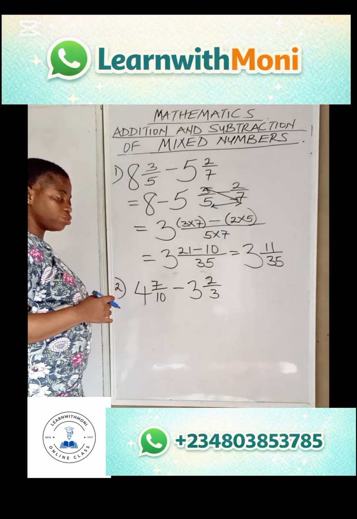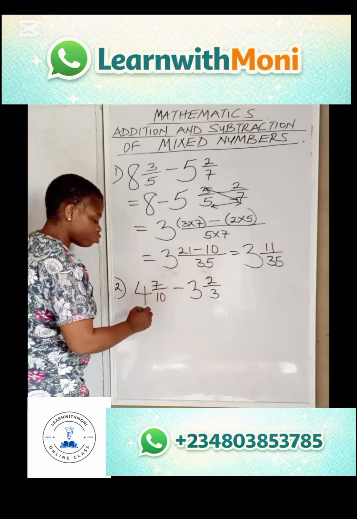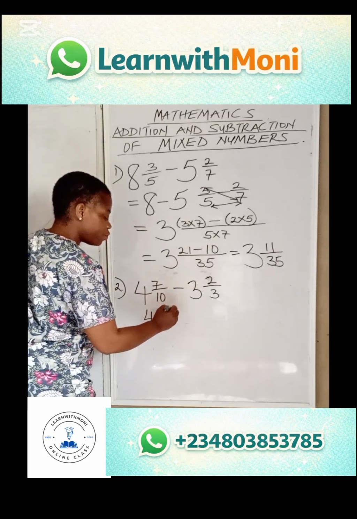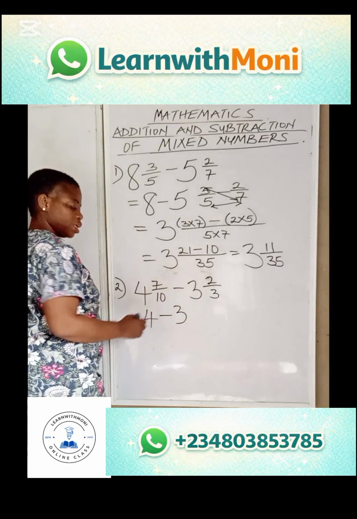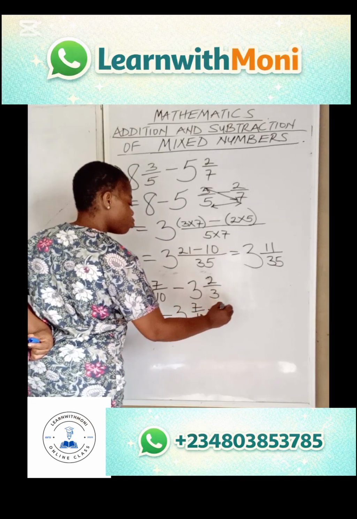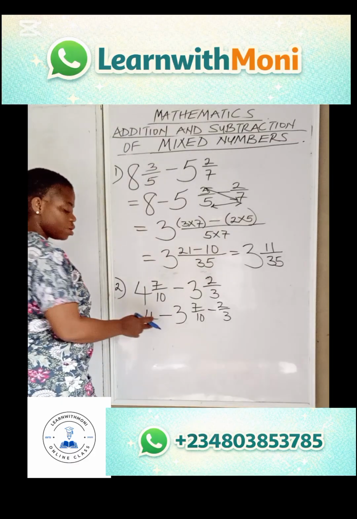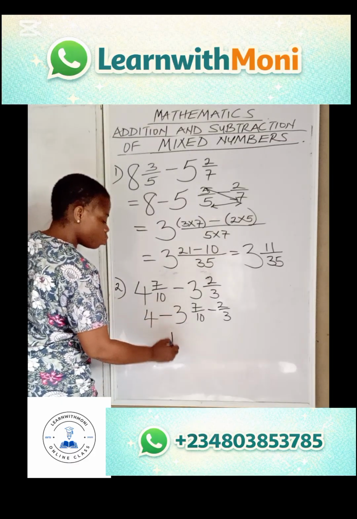There is something I want to make you see here. The whole numbers are to be subtracted first. 4 minus 3. Then the fraction, 7 over 10 minus 2 over 3. Let us try to subtract that. 4 minus 3 is 1.